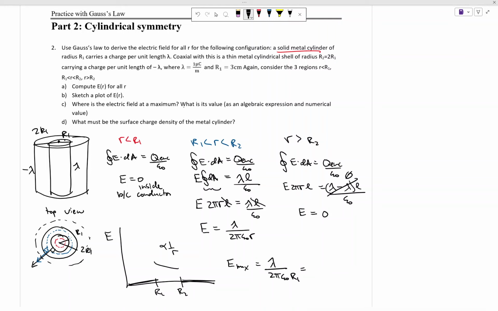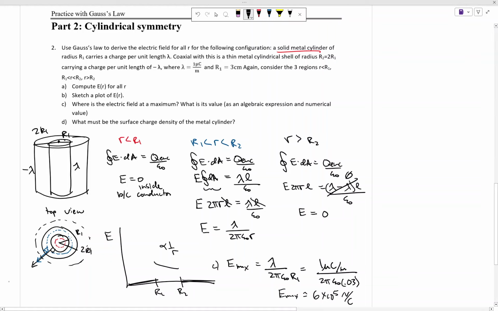So let's see, we've got 1 microcoulomb per meter, over 2 pi epsilon naught R1. If we compute this as a numerical value, we find that this is about 6 times 10 to the 5 newtons per coulomb. That was part C.